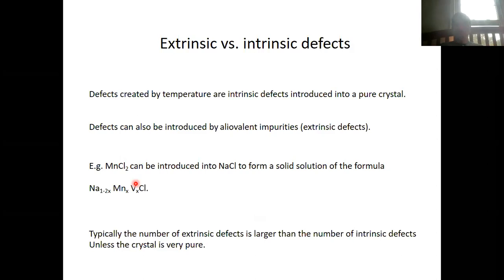Typically, the number of extrinsic defects is larger than the number of intrinsic defects, unless your crystal is very, very pure. Even if you do not intentionally introduce these aliovalent impurities, they're often naturally present, and unless you pay particular attention to producing a very pure crystal by excluding impurities, the number of extrinsic defects is larger than the number of intrinsic defects.